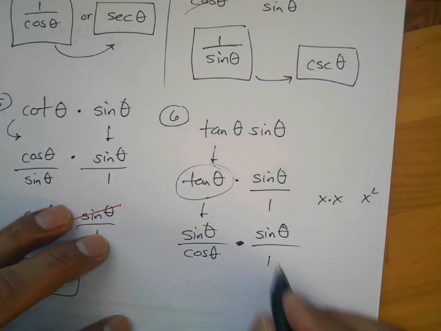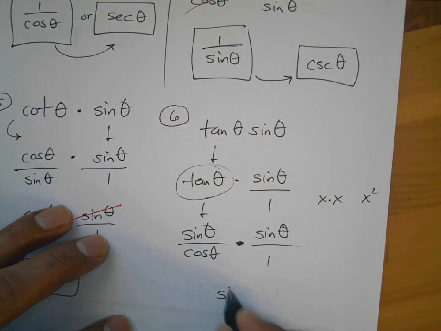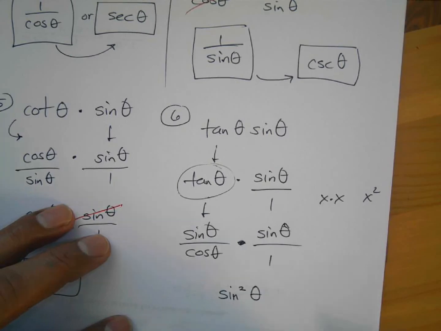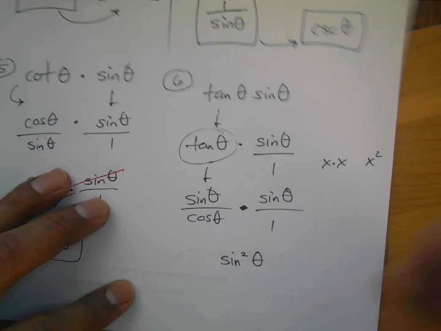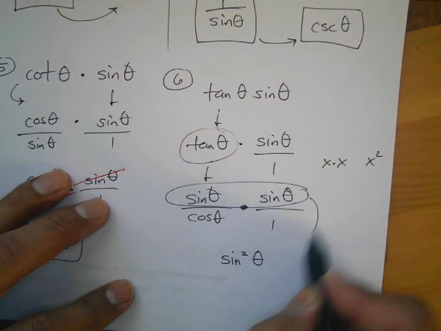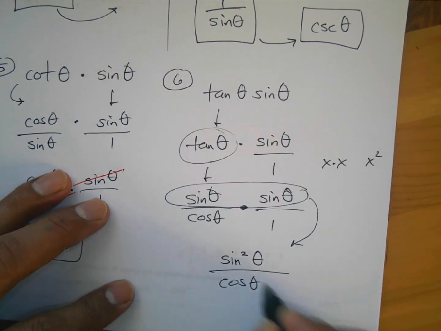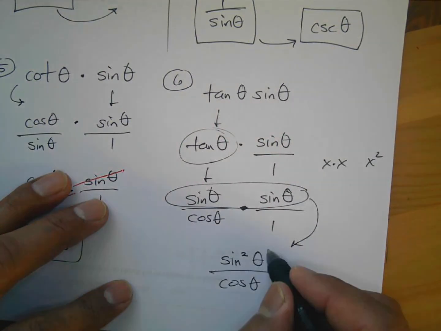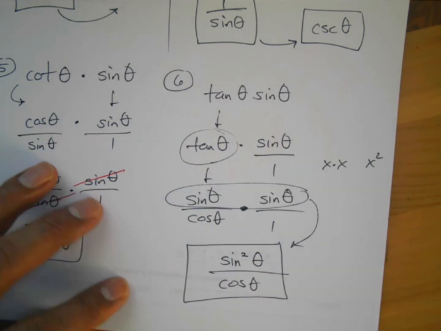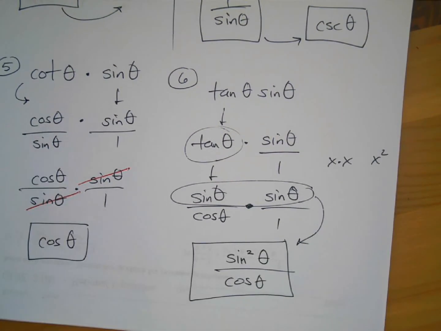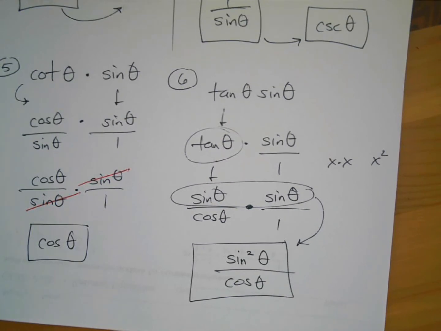No, we're squaring the function. So this would be sine squared. The square goes right here, not on the angle. Sine times sine is sine squared over cosine times 1. Just leave that there like that. Okay, we'll do a couple more on the next video.